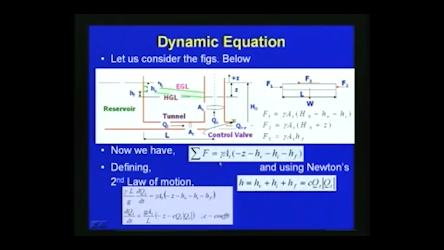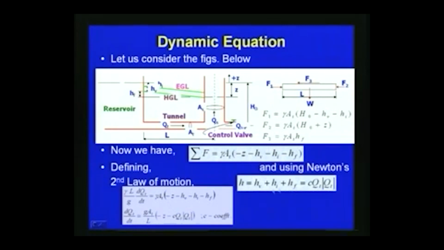Now the resultant force, with respect to these three equations, we can write sigma F is equal to gamma AT into minus Z minus HV minus HI minus HF. Now using Newton's second law of motion, we can equate this net resultant force to mass into acceleration.